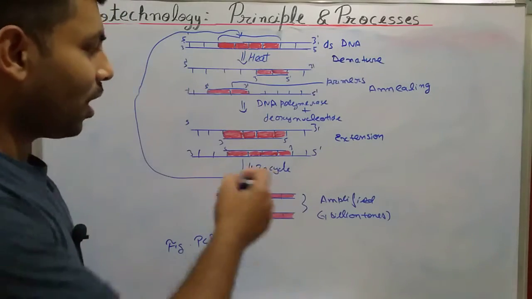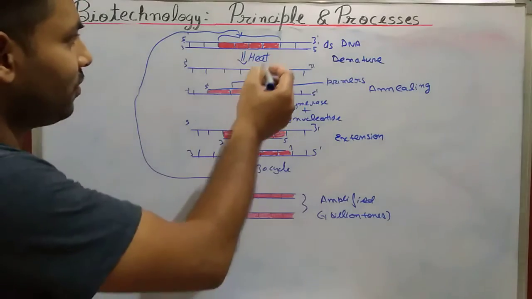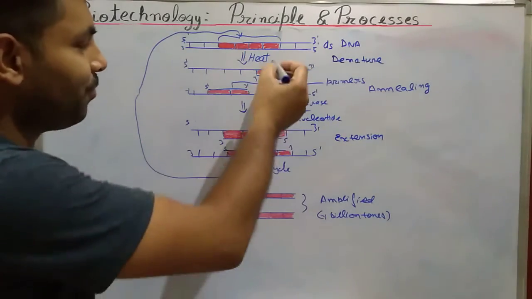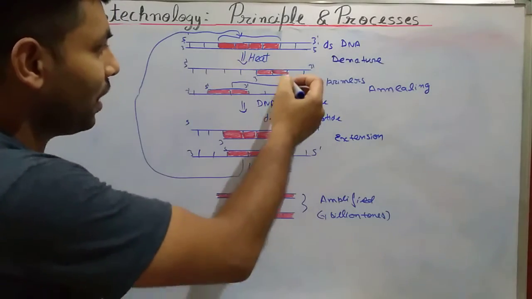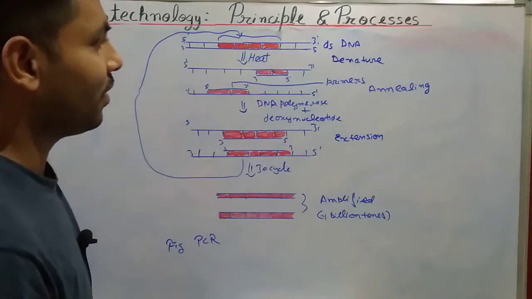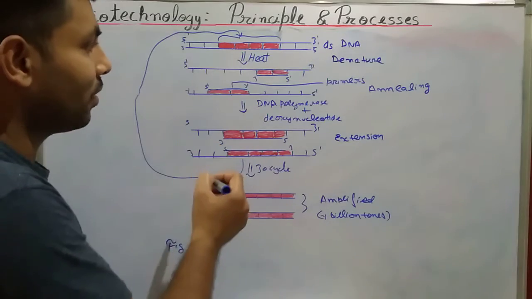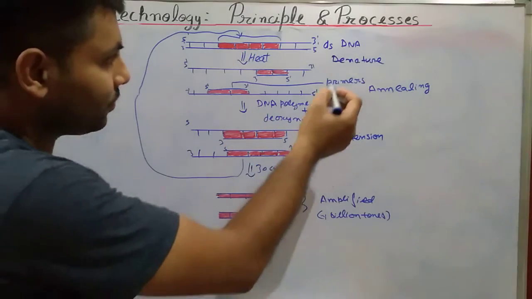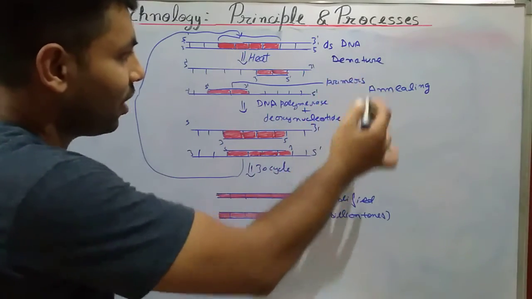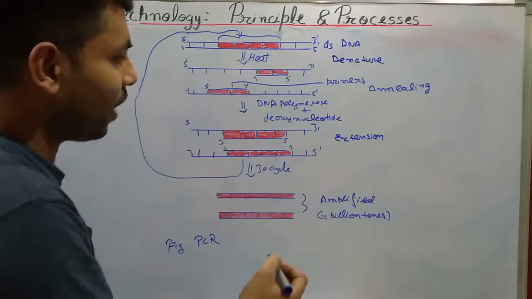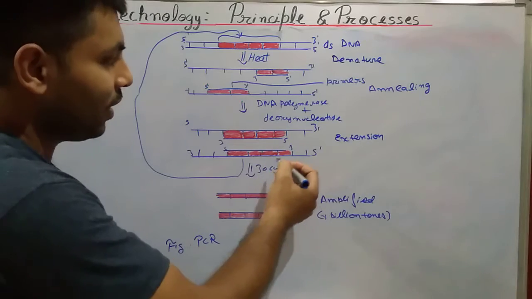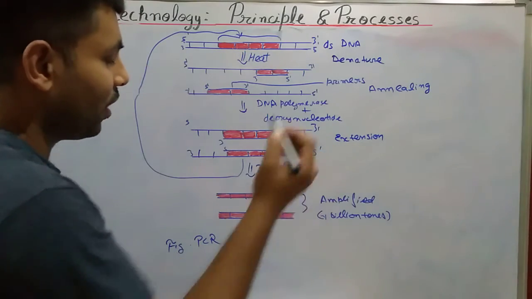Now see about the PCR. The double-stranded DNA is denatured by heating. By heating, it simply breaks into single strands. This is a primer. First it is denatured. Then after annealing, DNA polymerase plus deoxynucleotides come together and join, and this is called extension.